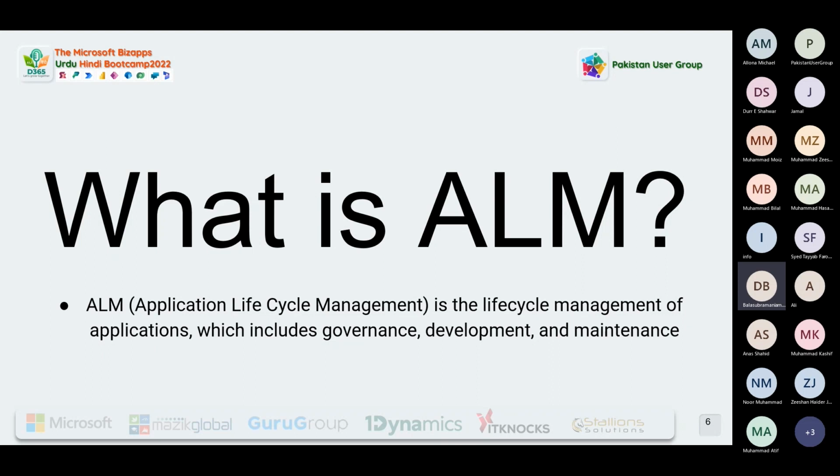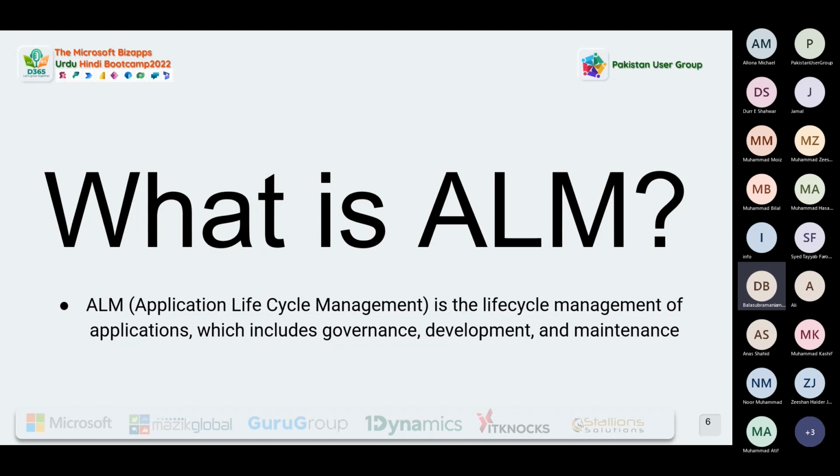The first slide of this session speaks about the ALM definition. Application lifecycle management is the life cycle of the application itself. The keywords in ALM are governance, development, and maintenance.